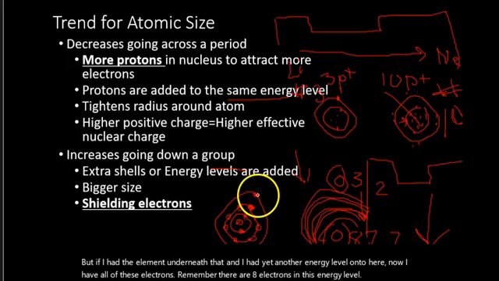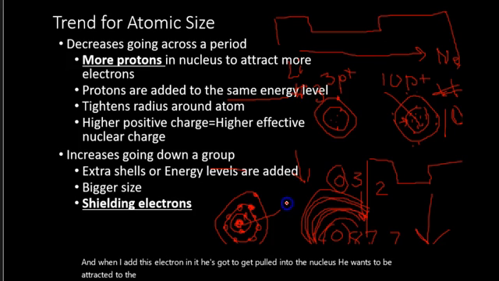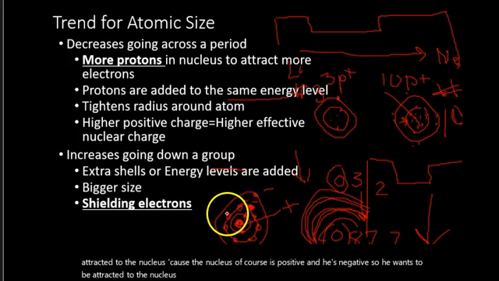And when I add this electron in, he's got to get pulled into the nucleus. He wants to be attracted to the nucleus because the nucleus, of course, is positive and he's negative. So he wants to be attracted to the nucleus, but all of these negative electrons are in the way.